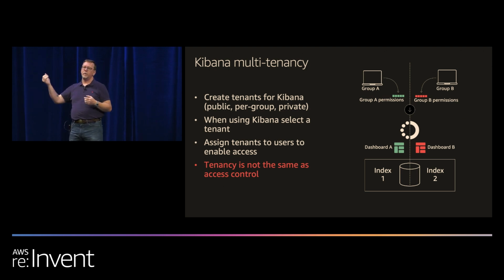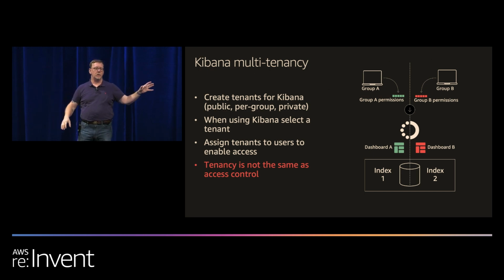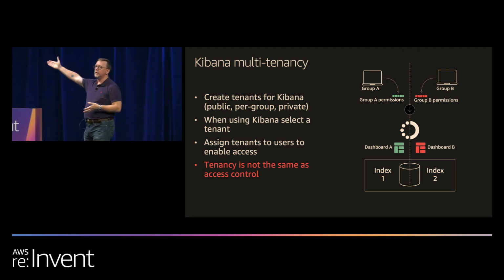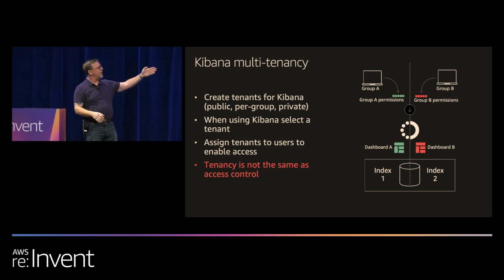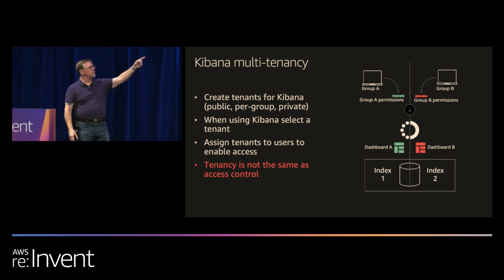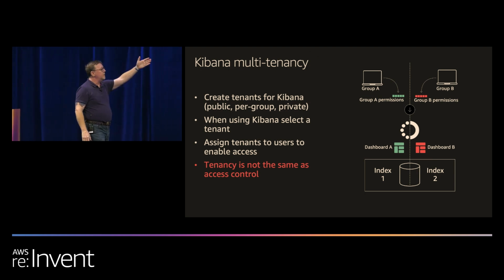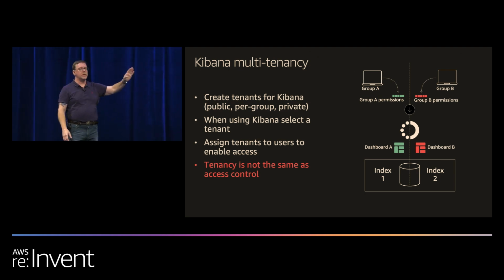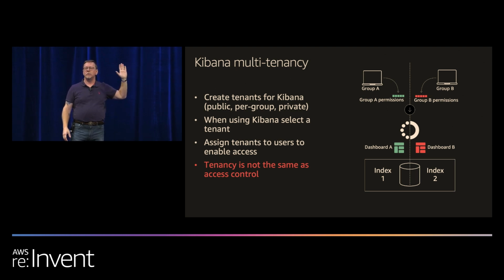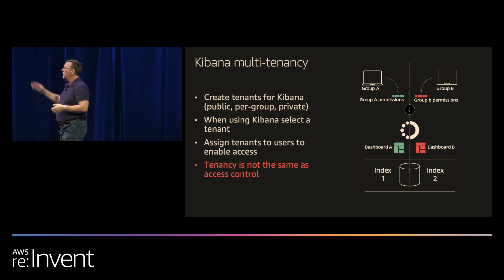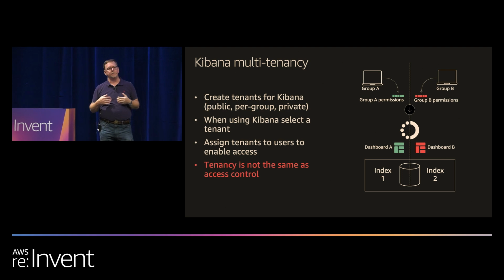And it's very common for multiple teams to be putting data in the same Elasticsearch cluster. You want to be able to have a different set of visualizations for Kibana for Team A and Kibana for Team B. Open Distro for Elasticsearch Security lets you set this up so that the Kibana experience for Group A has a set of dashboards and visualizations that is particular to Group A, and same thing for Group B.